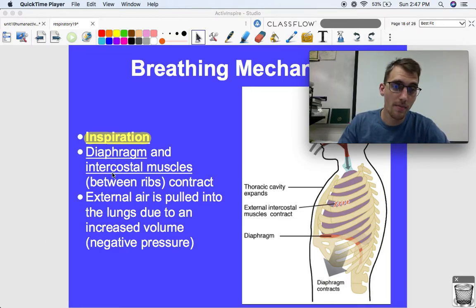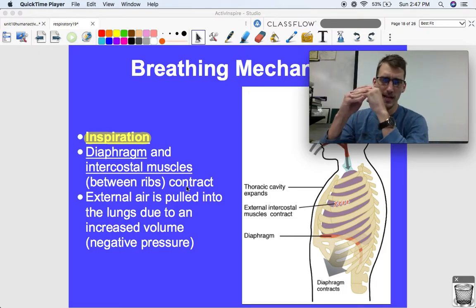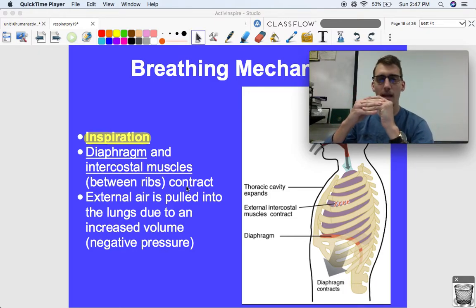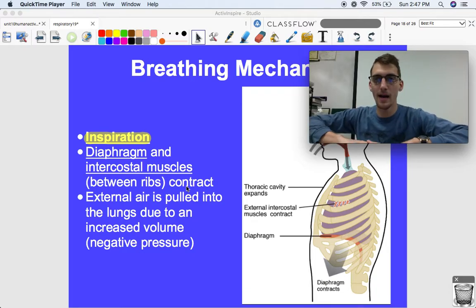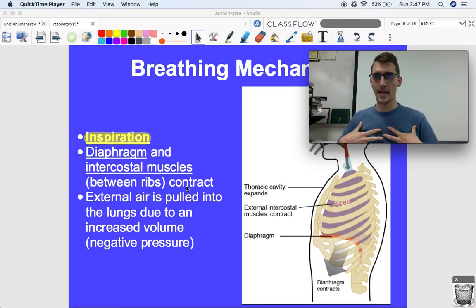But yeah, your diaphragm and intercostal muscles contract. Your diaphragm is kind of like a dome shape like this, and when it contracts, it flattens out so that your chest cavity expands, and you have less pressure in here than you do on the outside, so that air rushes in.